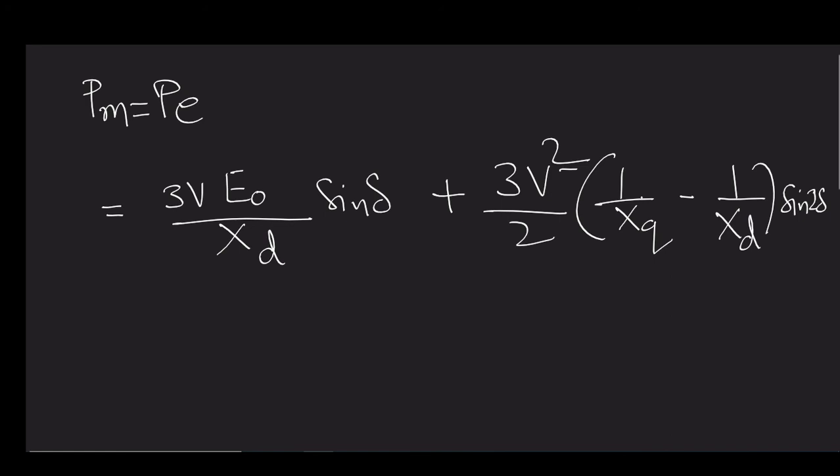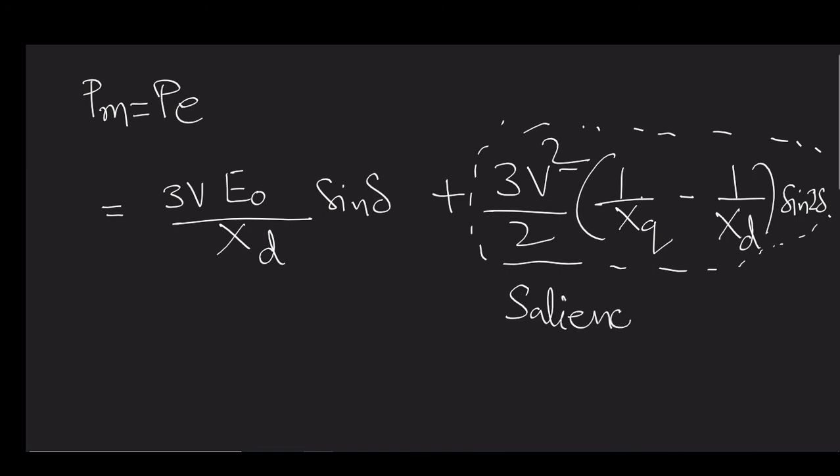See, here it is very interesting to note. Unlike the previous case, here we are having an extra term, this guy. This is due to the saliency of our rotor structure.